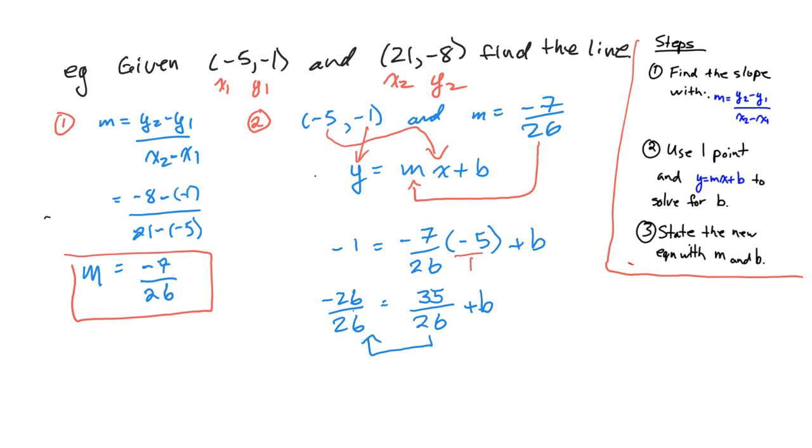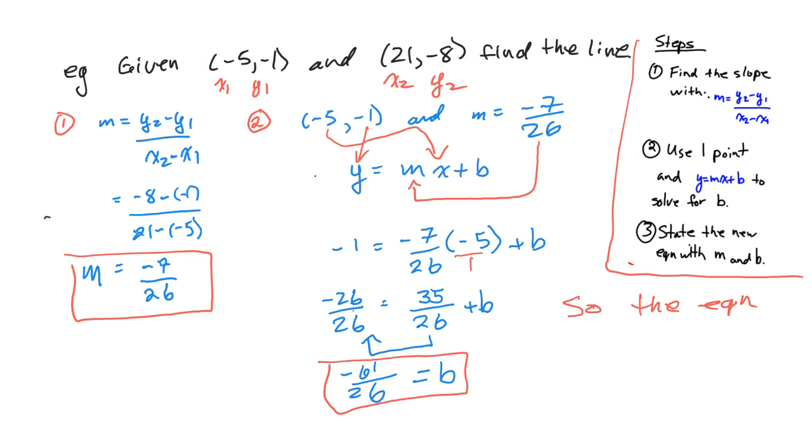And then you just add the two and you end up with -61 over 26 is equal to b as our final solution. So now we just have to state our equation with m and b.